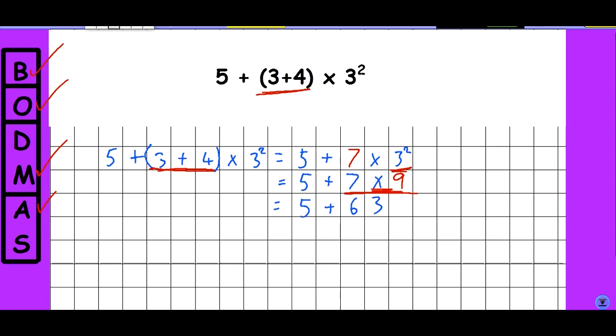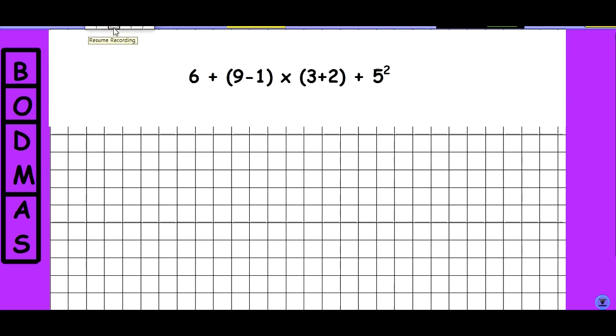We are finally on to the addition. 5 plus 63 is 68. So there we have it. Working through it sequentially, we've got our brackets, we've got our orders, we do multiplication, then we do addition. Okay, so a long one to finish off here, but as long as we just stick to the formula of using BODMAS, we'll be absolutely fine.